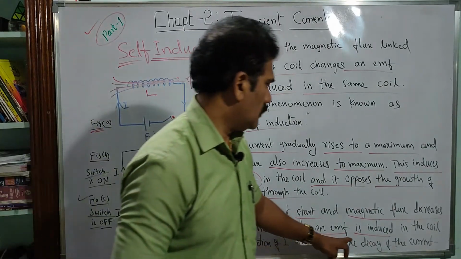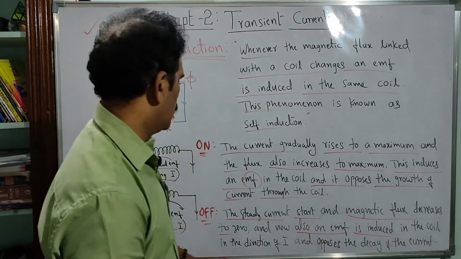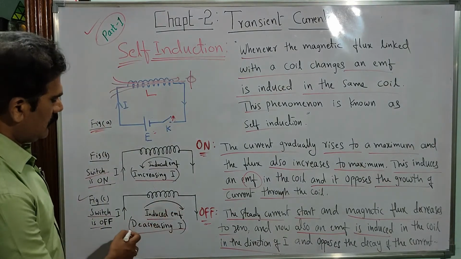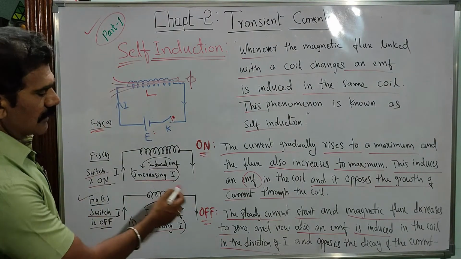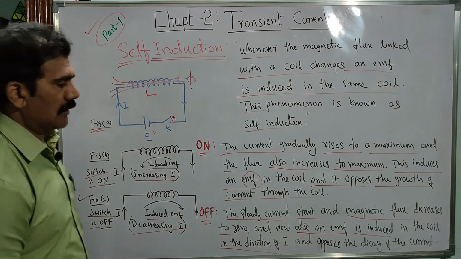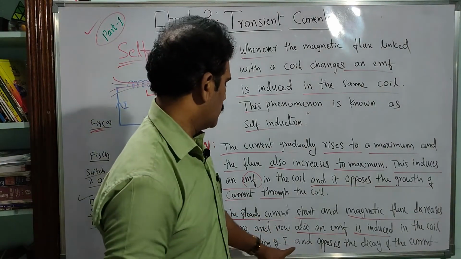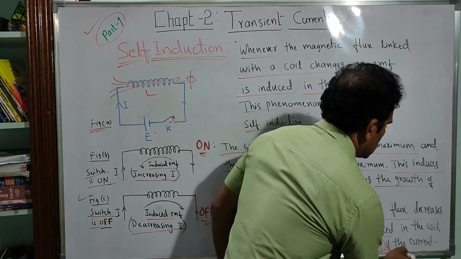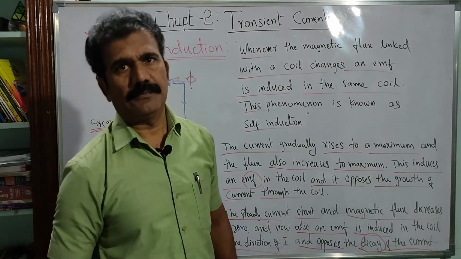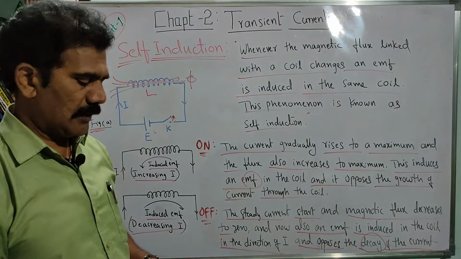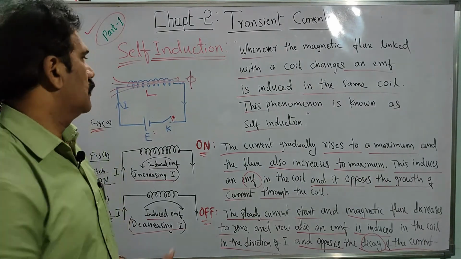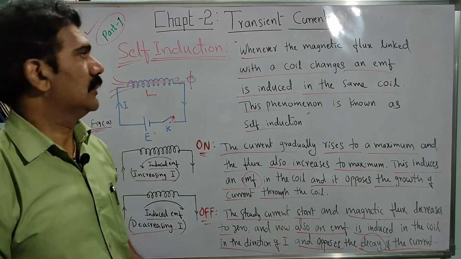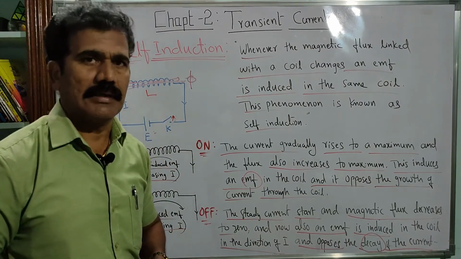It is induced in the coil in the direction of the current. You can see that the induced EMF and the current direction are both in the same direction now, and it opposes the decay of the current. This is what we can observe experimentally with any coil, when the EMF is produced in the coil according to the principle of self-induction.